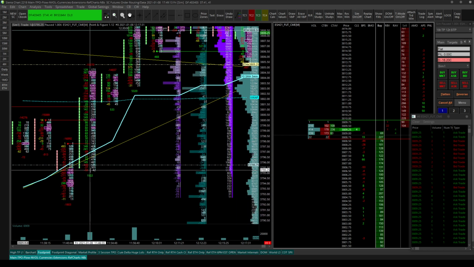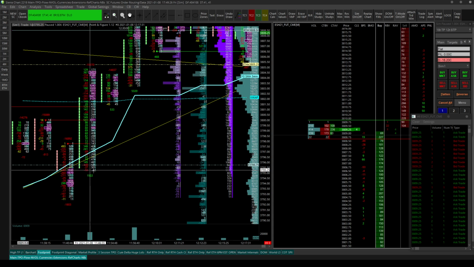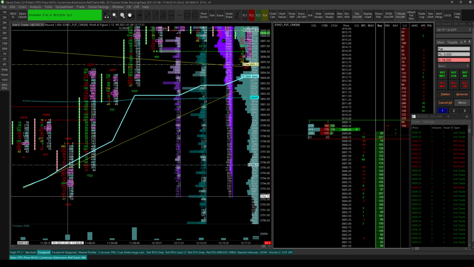Which is why in a point and figure chart, you have bars that look like this. This thing probably went up. Okay, so here it reversed what? 12 ticks? 1, 2, 3, 4, 5, 6, 7, 8, 9, 10, 11, 12. So there's the 12th, and then boom, new bar. Or maybe it was this way, 1, 2, 3, 4, 5, 6, 7, 8, 9, 10, 11, 12.